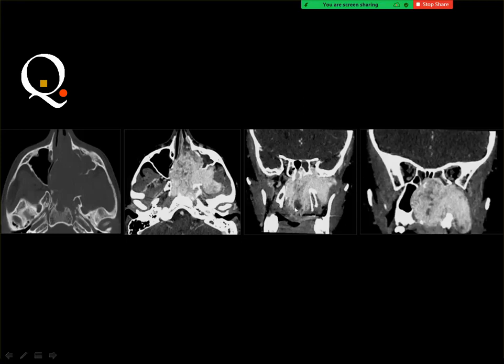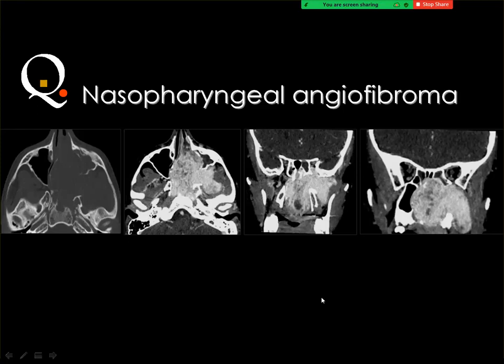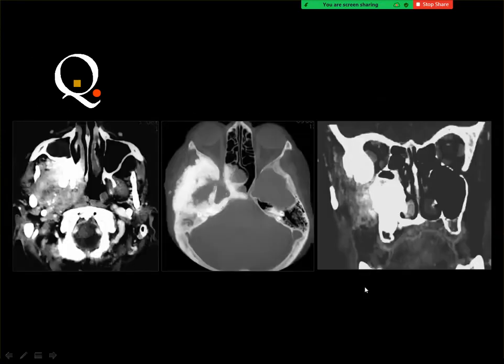The angiofibroma has this very classic extension through the pterygopalatine fossa. This is the normal pterygopalatine fossa, and this is one which is widened and involved with extension of the lesion into the infratemporal fossa, and it has a great affinity for involvement also of the sphenoid sinus, together with significant post-contrast enhancement, and this is nasopharyngeal angiofibroma.